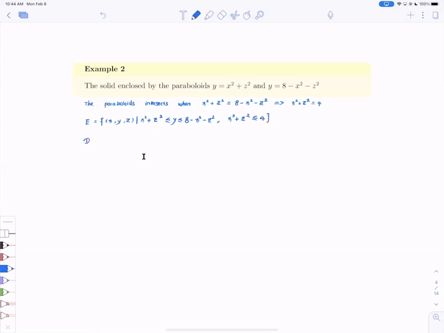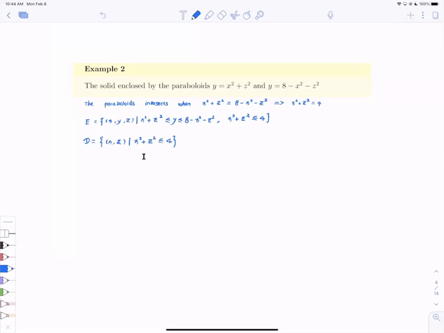And D is just the set of x, z such that x squared plus z squared is less than or equal to 4. As I showed you before, that circle.